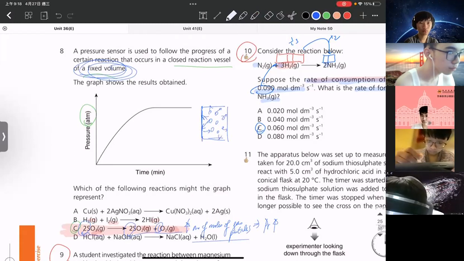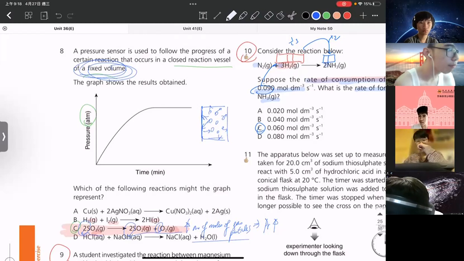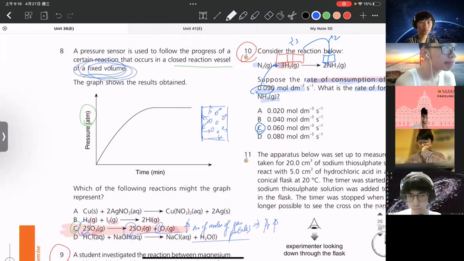It exerts a higher pressure. Do you get my point? Once a particle hits the wall, it exerts a force. The more particles that hit the wall, the more force they apply to the unit area of the container. So we call that a measurement of pressure.